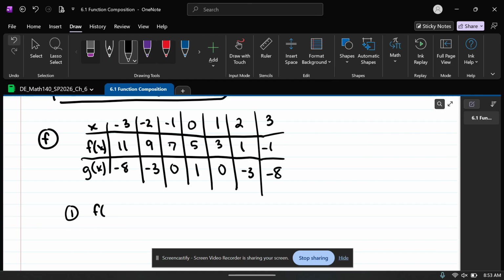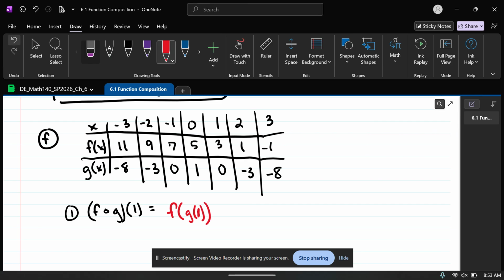Let's do f composed with g of 1. Now remember earlier I said you work from the right to the left on composition. So on this one, we're going to find g of 1 first. So g of 1 is what we're finding first.